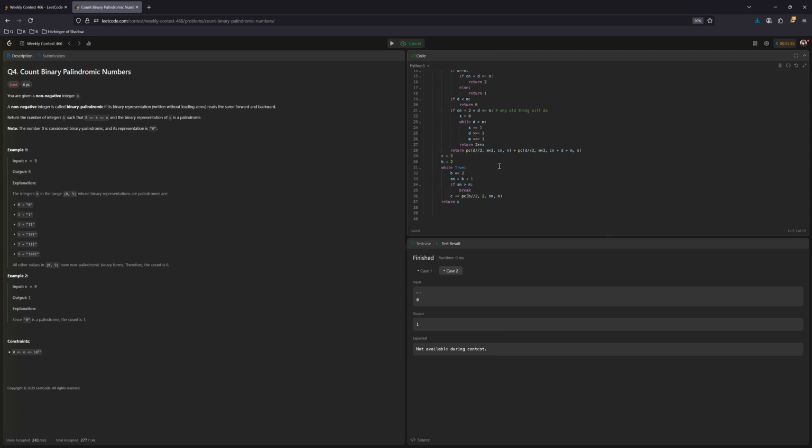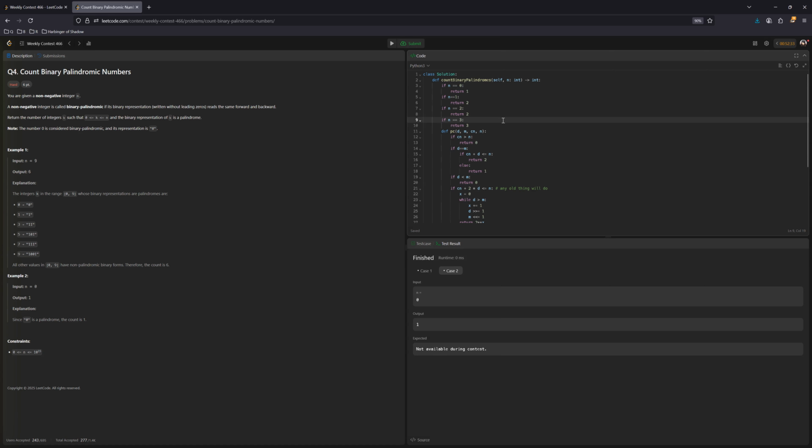What if we built the mirror numbers up from 0? Pretty sure these base cases are right. Yeah, 0 is 0, right?